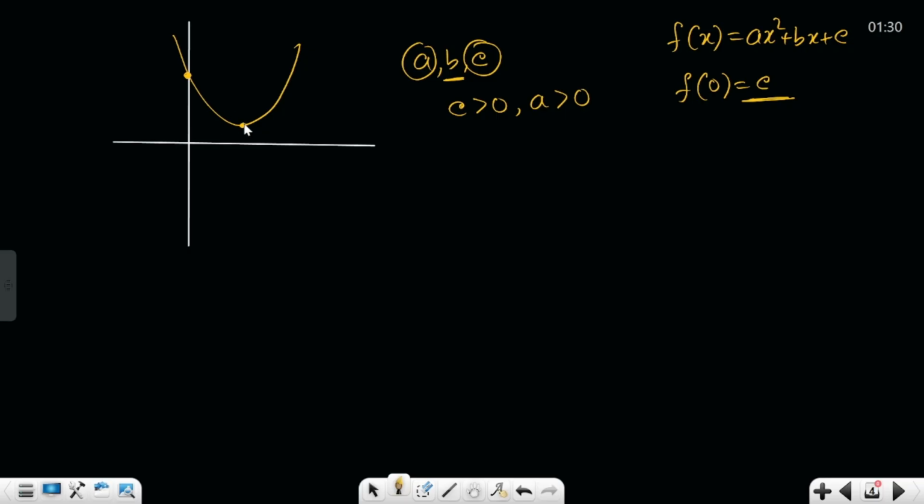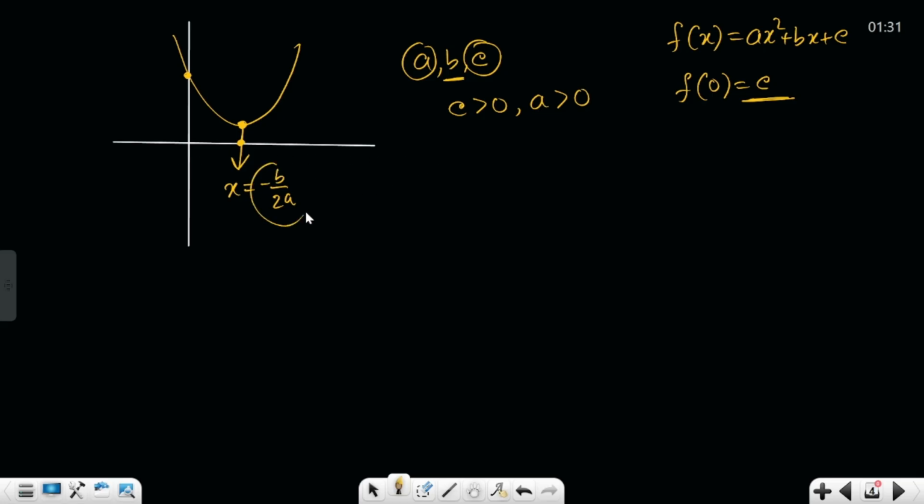Now if you see this is the coordinate of the vertex, and the x value of this is minus b by 2a. That means this point is this comma 0, right? Now see here that this vertex is in the positive direction of x.